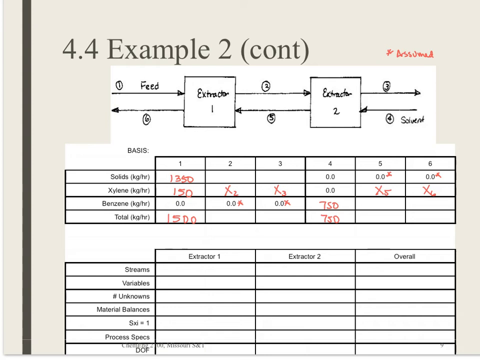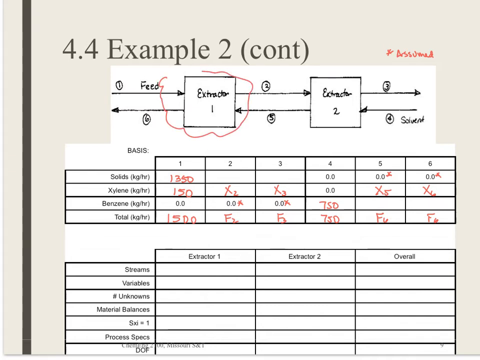And then I have flow rates in streams 2, 3, 5, and 6. All of those are unknown also. Now, the amount of solids and the amount of benzene, I can label those as unknowns, S2 and S3, B5 and B6, or I could just take one little quick moment to look and engage logic.